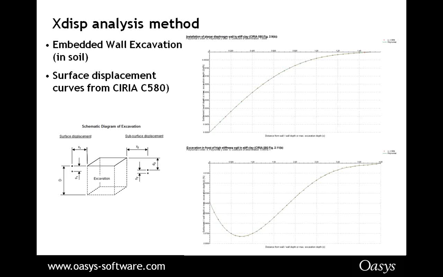Initially, for example, you install the wall, and the top graph here shows, if I follow this over here, this is actually from ExeDisp, but it shows a graph from C580, which is used as a lookup table. Then you get movement from the excavation of the wall, and the bottom graph here shows the C580 curve, which is again used as a lookup.